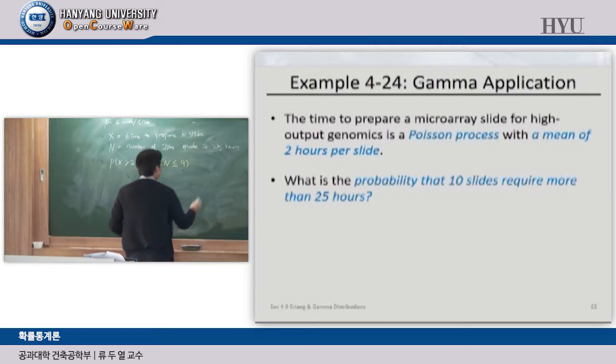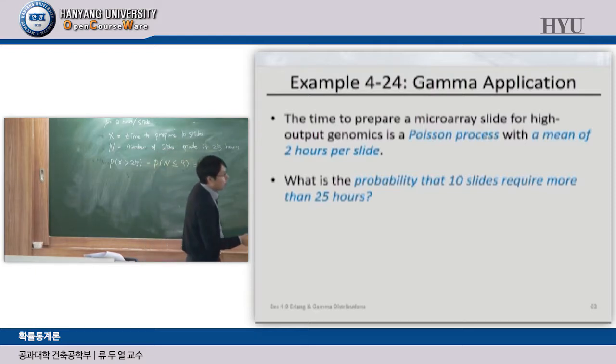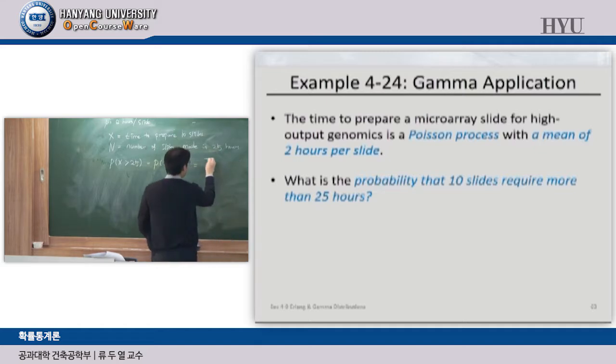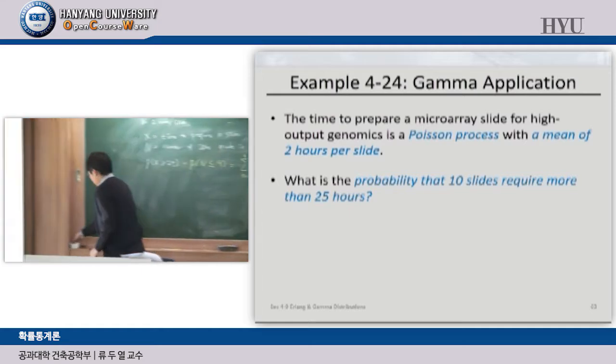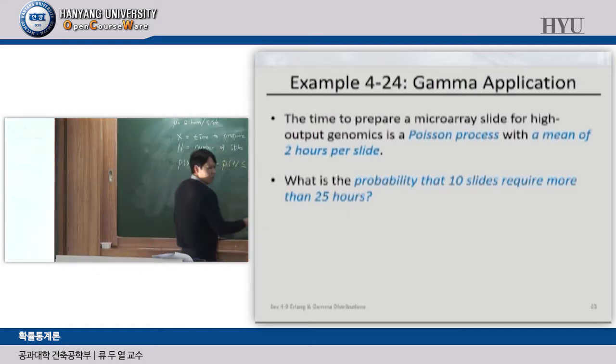So this also follows a Poisson process, right? And so this is the summation of k from 0 to 9 of e to the minus lambda x times (lambda x) to the k's power over k factorial. And here, what is the lambda x?